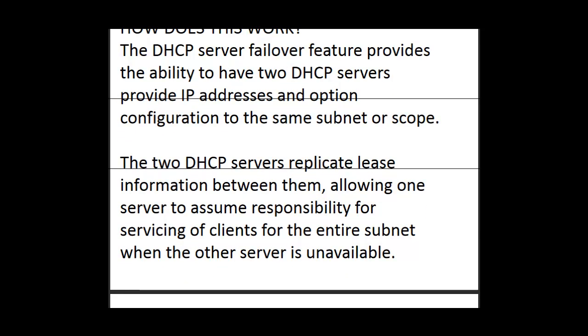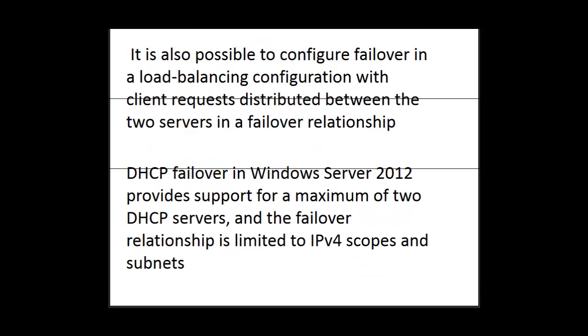The two DHCP servers replicate lease information between them, allowing one server to assume responsibility for giving out the addresses when the other server is not available. It is also possible to configure what we call load balance configuration, where the client requests are distributed between the two servers in the failover relationship.